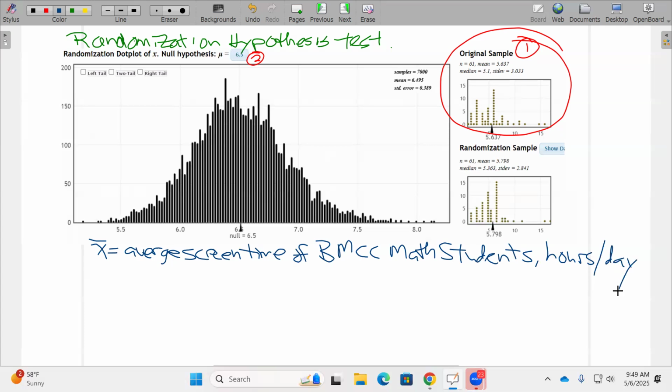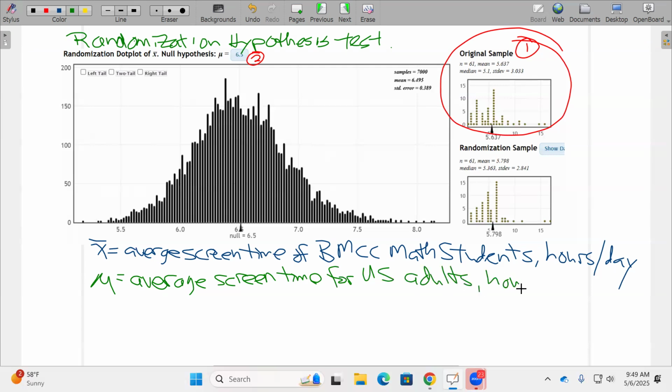And I'm comparing that to a population parameter, which is the average screen time for US adults, again in hours per day. So the statistic that we're comparing has to match the description of the population parameter. Okay, so these pretty closely match.